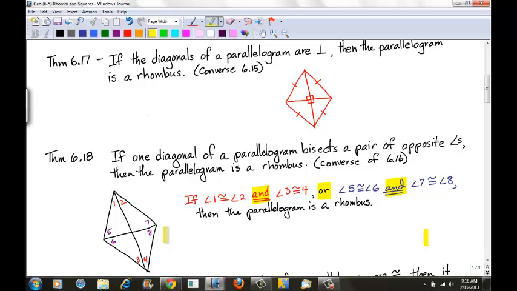So it has to be 1 and 2 and 3 and 4. If those are congruent, then it's a rhombus. Or if 5 and 6 and 7 and 8 are congruent, then it's a rhombus. Okay? So if one diagonal of a parallelogram bisects a pair of opposite angles, then the parallelogram is a rhombus.